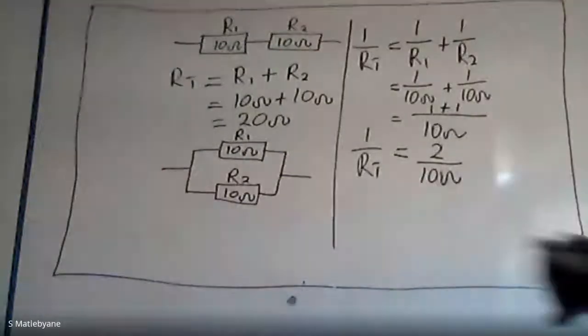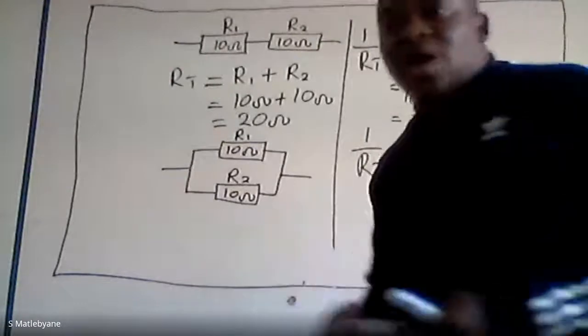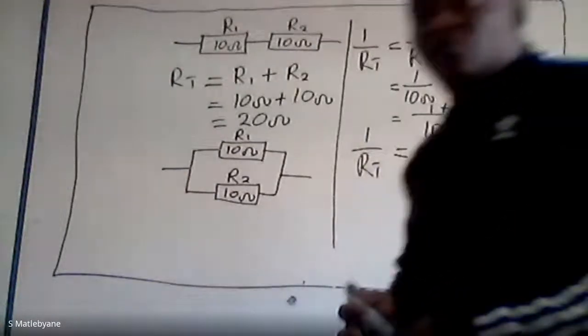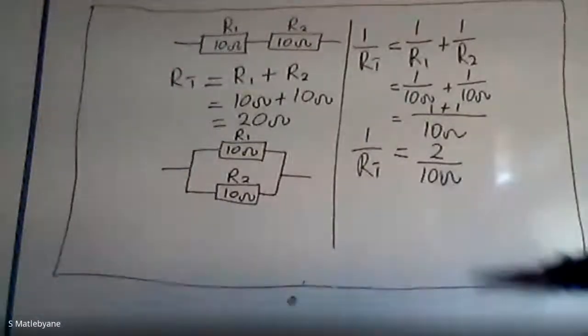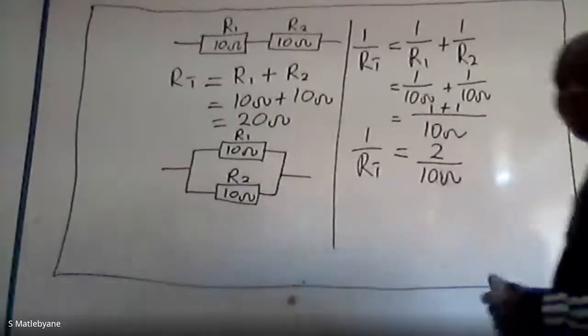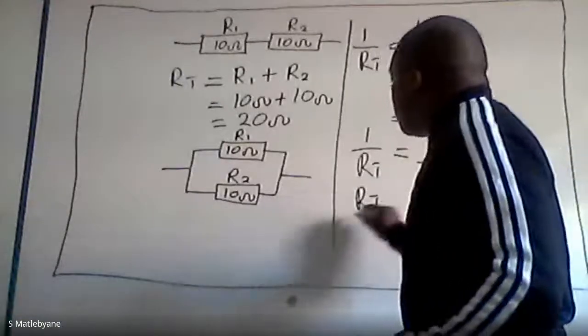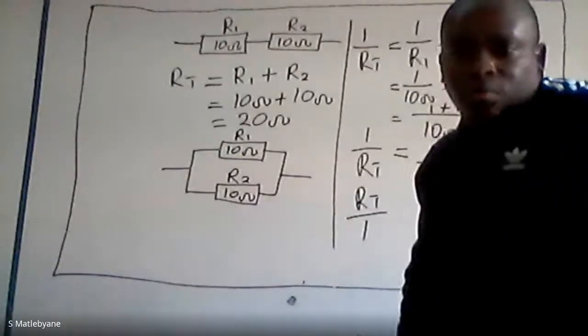They're giving me long methods. Okay, so I'm just going to do a shortcut. Like I said, later I will show you how to use a scientific calculator. So from here, I'm cheating, I'm simplifying. So I'm saying RT divided by R1.